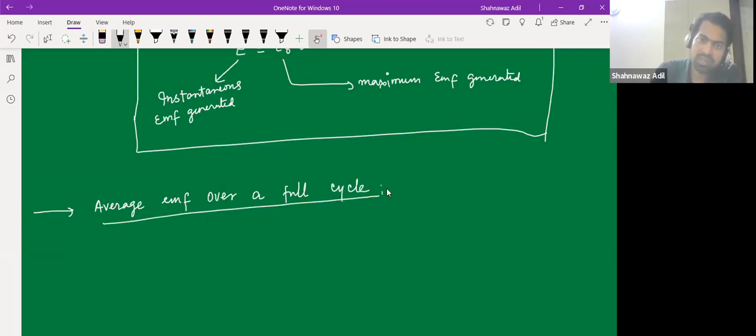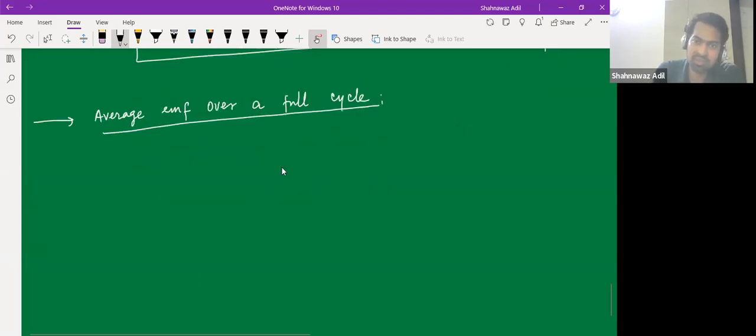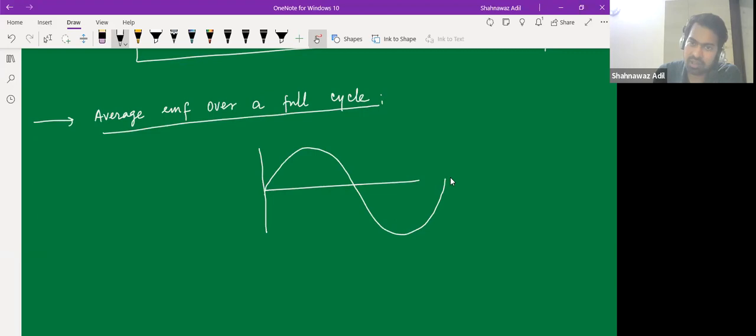So over a full cycle means that the EMF was generated, and from here to here, this is one cycle, right? So this is called the one full cycle.